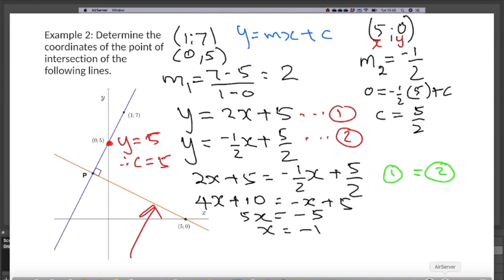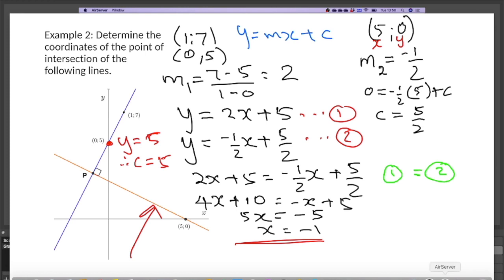And now we need to find y. We take this value of x and substitute it into either equation 1 or equation 2. I prefer equation 1 because it looks less complex than equation 2. So I will substitute this value of x into equation 1. So let's do that.